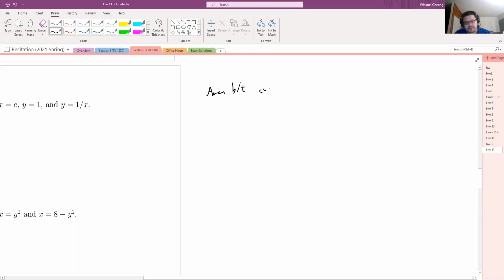Area between curves. So usually what you'll do is you'll have a function on top, call it f of x, and you'll have some function on the bottom, maybe like that, call that g of x. And then the area you're trying to compute would be in red, and it would have some definitive endpoints, a and b.